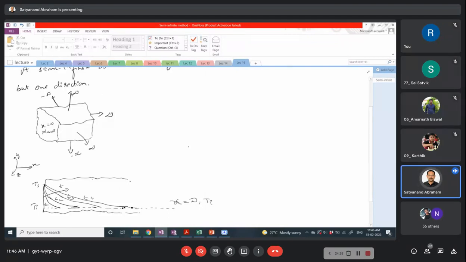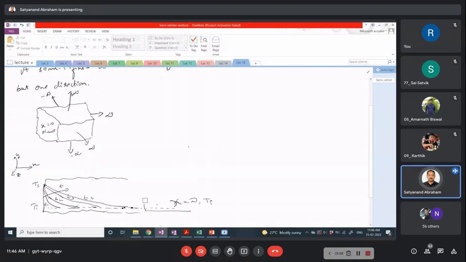So in a semi-infinite solid, the inner bulk of the object is unaware of the boundary conditions. So the inner bulk of the body, whatever body we are talking about, is unaware of the boundary conditions. That is what is known as the semi-infinite solid.